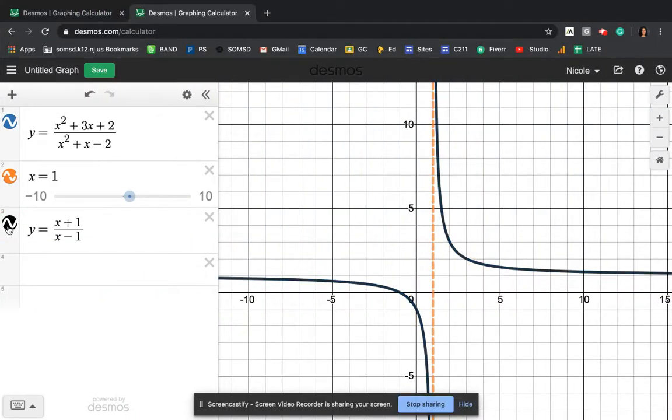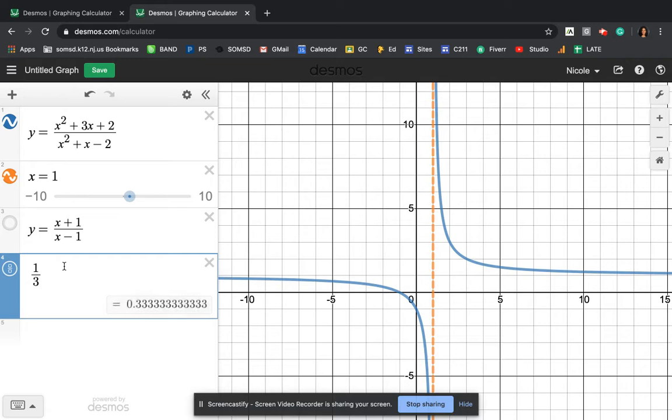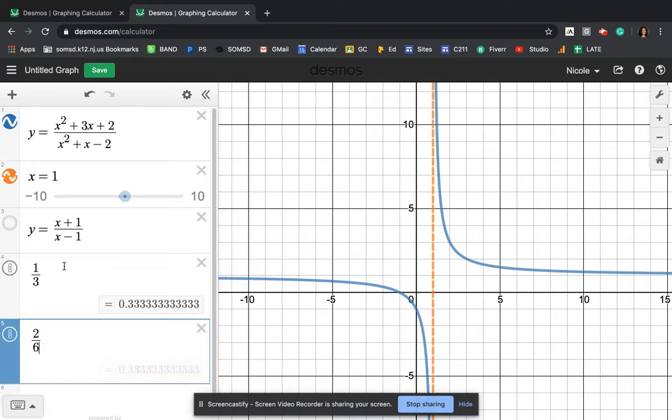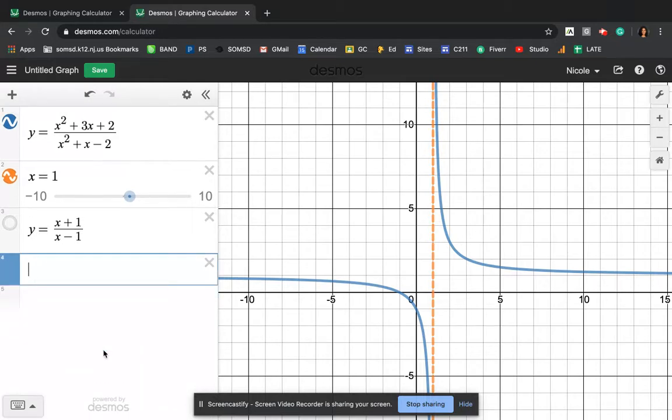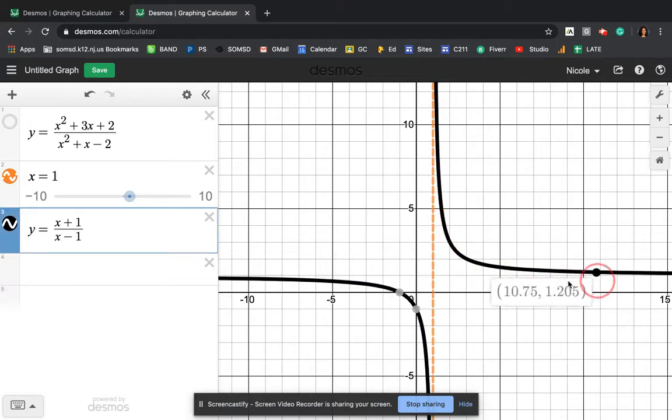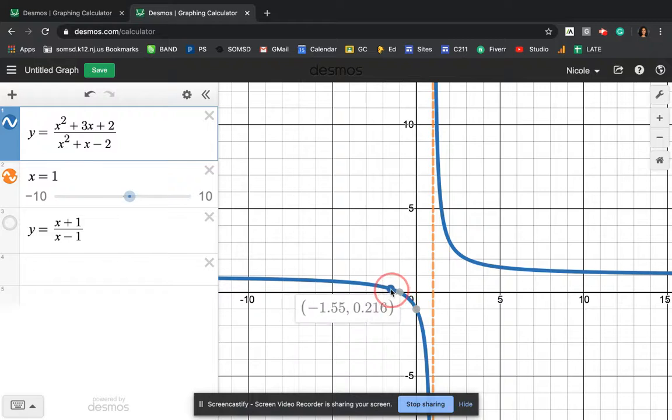If I click on x plus 1 over x minus 1, notice they're the exact same graph, the same way that 1/3 is the same thing as 2/6. One is just simplified. Now, the difference here is that for this function, all values exist. But for the original function, at -2, look what happens when we reach -2.